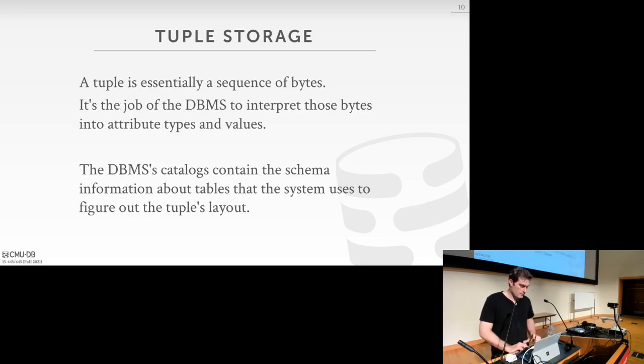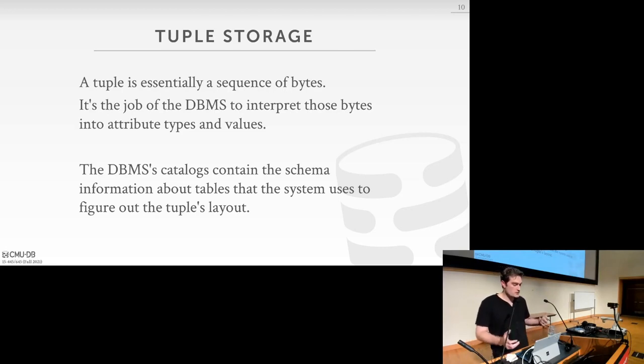So again, I showed this slide in the last lecture. Just at a high level, a tuple is essentially just a sequence of bytes. So think about it as a series of bytes stored inside a page that has some data in it, and the various pieces of the storage manager are going to tell us how to extract individual data values from that sequence of bytes.